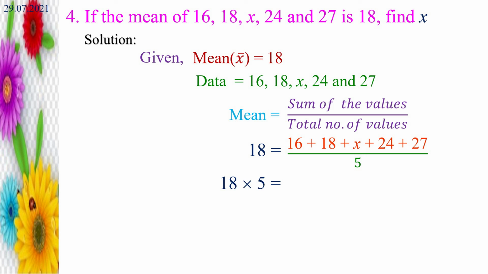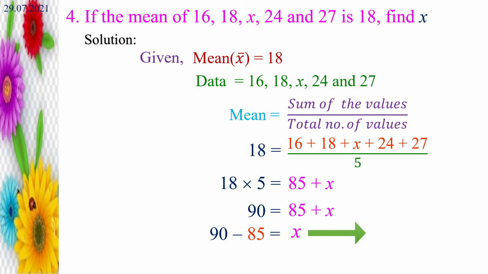So 18 into 5 is equal to 85 plus x. Now on multiplying 18 and 5, we get 90 is equal to 85 plus x. Bring 85 to the left hand side. On doing so, we get 90 minus 85 is equal to x. On subtracting, we get 5 is equal to x. Therefore, x is equal to 5. The value of x is 5.